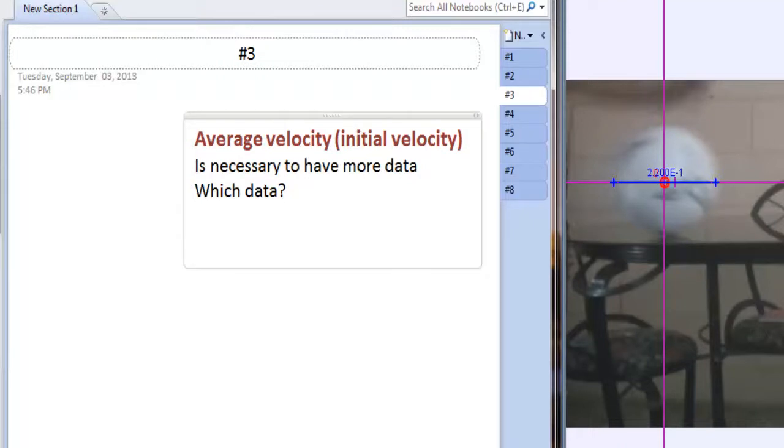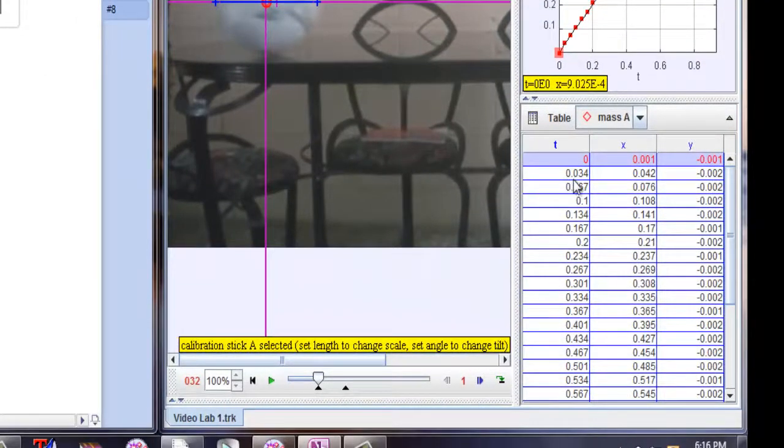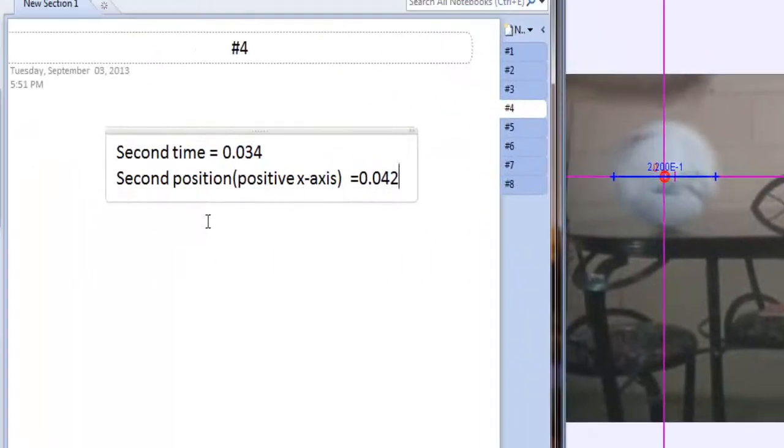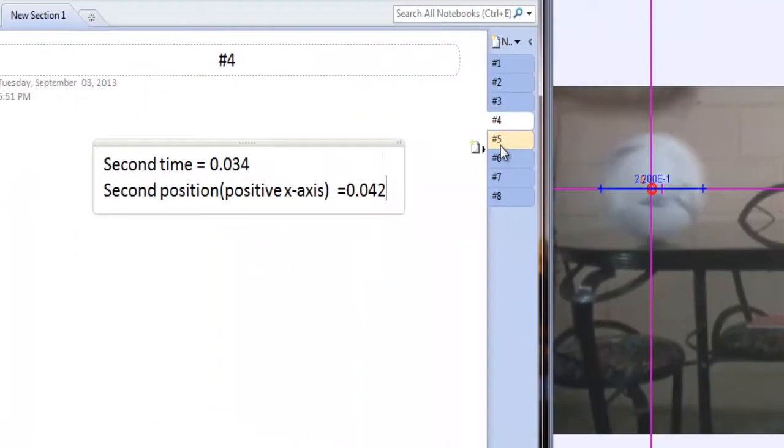To take out the initial velocity, or the average velocity, we need to have more data of the video, but what data are we going to use? So we need a second time, which is 0.034, and we need a second position, always in the positive x-axis because that's where the ball is moving, and it's about 0.042.